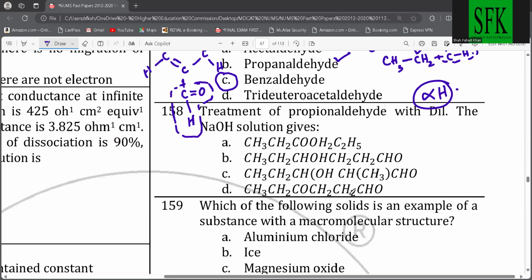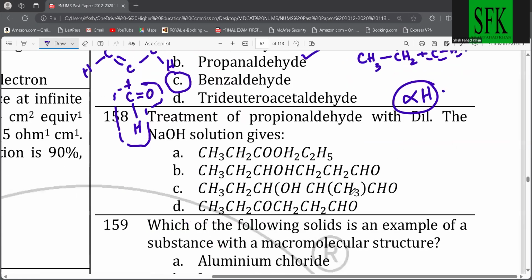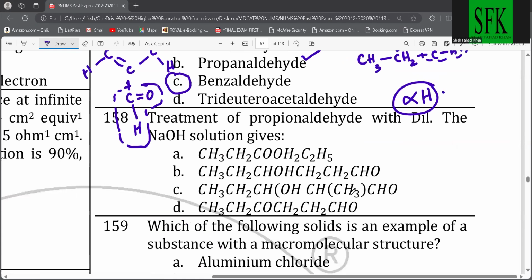Okay. Then treatment of propionaldehyde with dilute NaOH solution gives what? Okay, so if you're adding an NaOH to an aldehyde, that is going to get added by nucleophilic addition reaction, as you can say. Propionaldehyde, propional aldehyde, not a propanal. It's basically what they're saying. So this is your propanal.